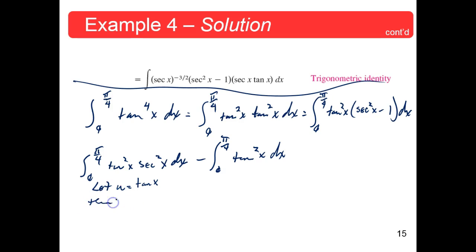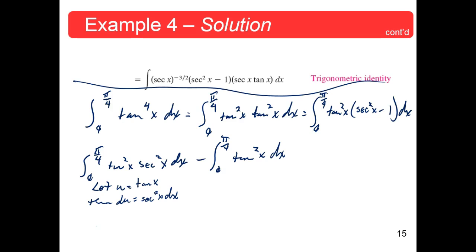Then du would be, it has to be tangent squared for it to be secant squared minus 1, right? Yeah, don't do that.